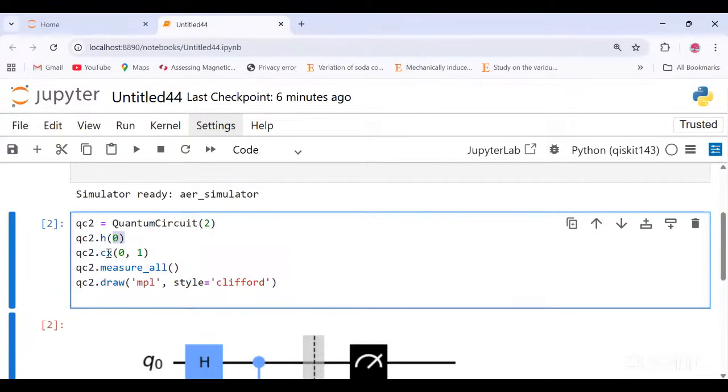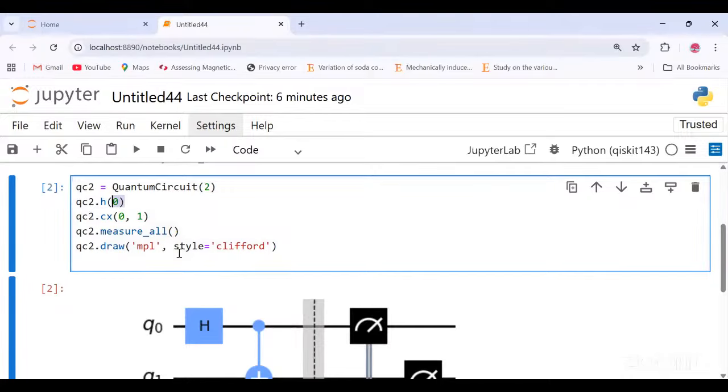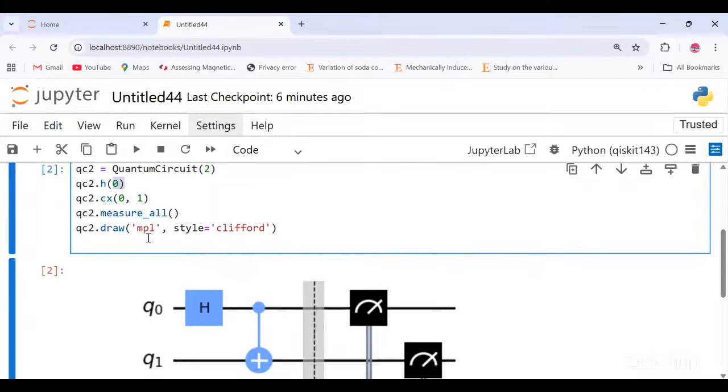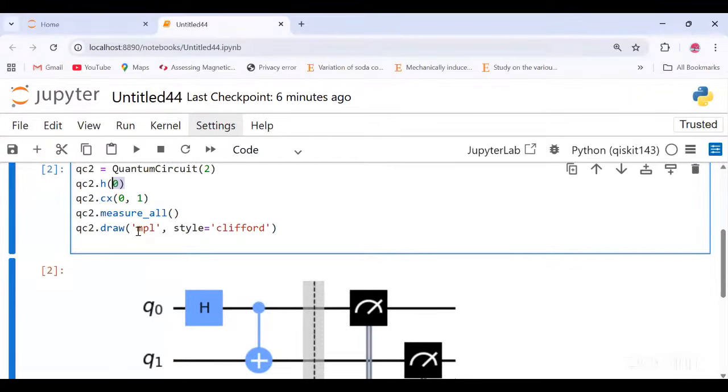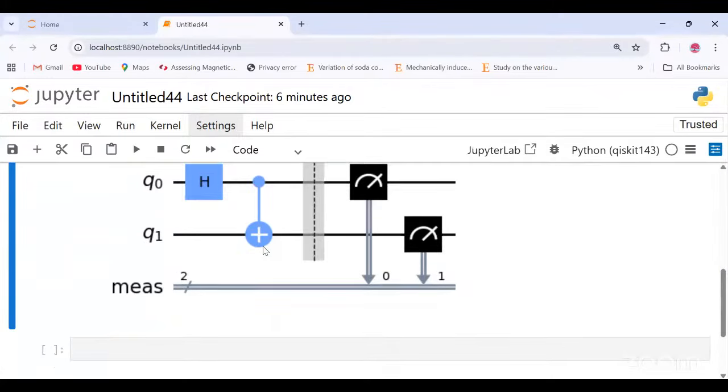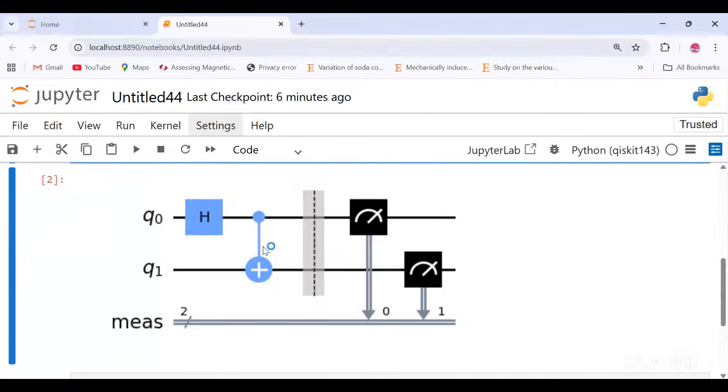The CNOT gate representation is CX, that is 0, 1, where we have to specify the inputs also: control 0 and target 1. Then there is a command for the measurement. So we have given all the commands. I was talking yesterday about this style I have quoted, so that the warning will not come here. If I do not quote this style, the warning will come. So this is the circuit we have created.